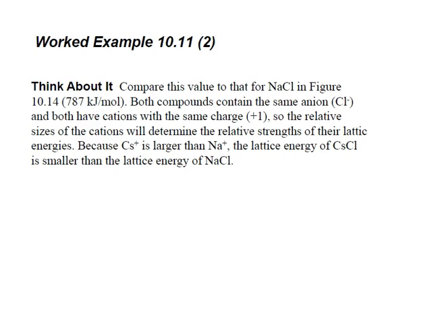Both have cations with a +1 charge, and the difference in their overall standard enthalpy is going to be due to the size of the cations. So the relative size of the cations determines the relative strength of their lattice energy. Because cesium cation is larger than sodium cation, the lattice energy of cesium chloride is smaller than the lattice energy of sodium chloride. It can't be held together as tightly because of its large size.